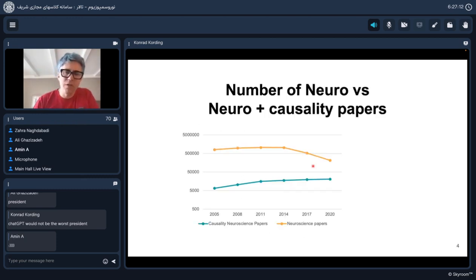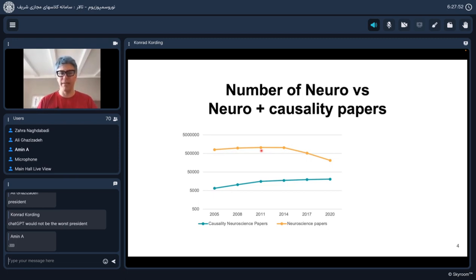Now, I first want to highlight how thinking about causality has gotten to be very popular. What you see in orange here is the number of neuroscience papers. This is just Google Scholar, so there is a bias that the most recent few years are still missing some of the articles, but I think the baseline effect is real. Here you see the number of neuroscience papers per year. I do believe that number peaked sometime around 2011, 2012.